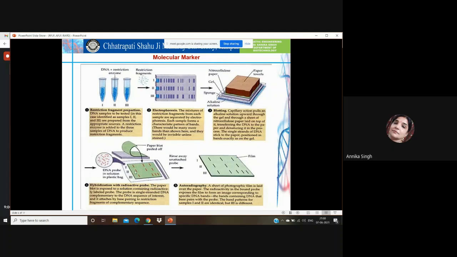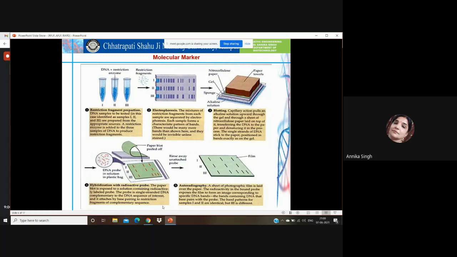After immobilization, the membrane is subjected to pre-hybridization and then hybridization in the presence of a probe. The probe is a single stranded DNA which is complementary to the DNA sequence of interest, and this probe must be labeled with either a radioactive or non-isotopic label.